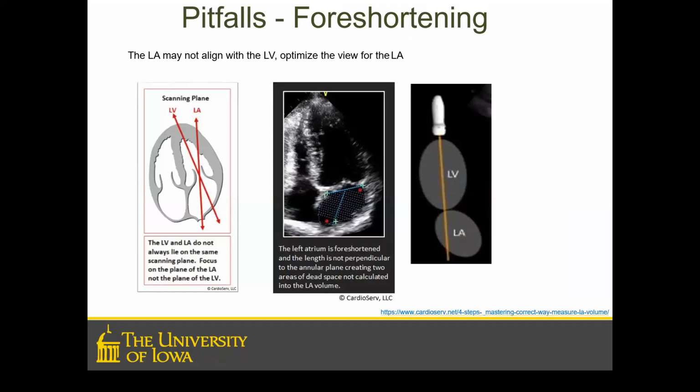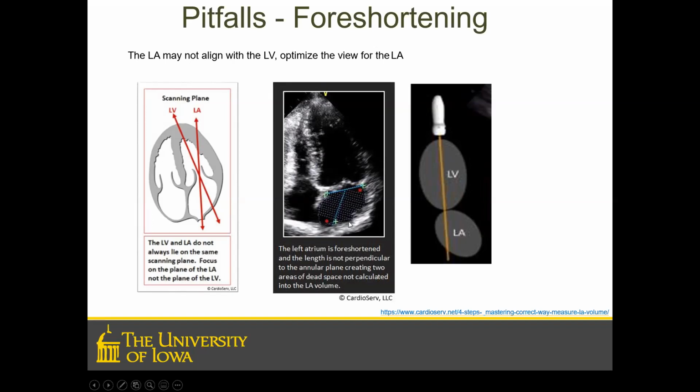This is an example of foreshortening. On many patients, this is what their 4-chamber, well, this is what their 2-chamber looks like. So the LA length is not the same plane as their LV length. So when it comes time to do the 4-chamber LA, you actually need to be back here, which means you're probably not going to have a good LV, but you're going to have an elongated proper LA.